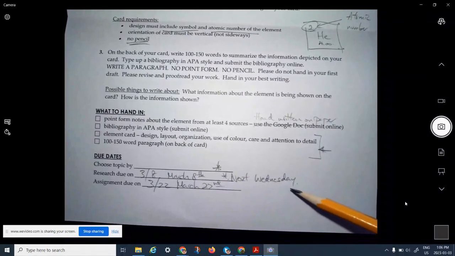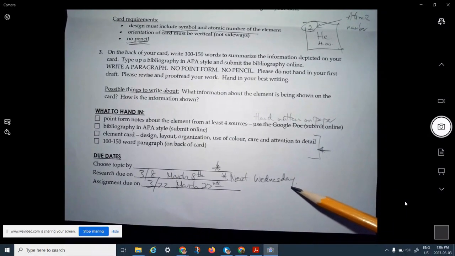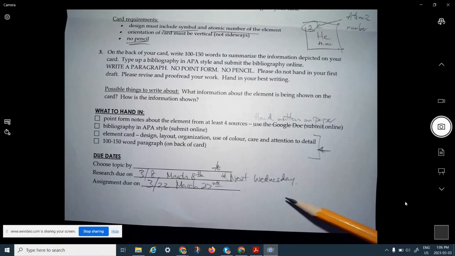So on Wednesday the 8th, there are about mid 20 students in that class. I'm actually going to ask you to hand in a hard copy on that day.